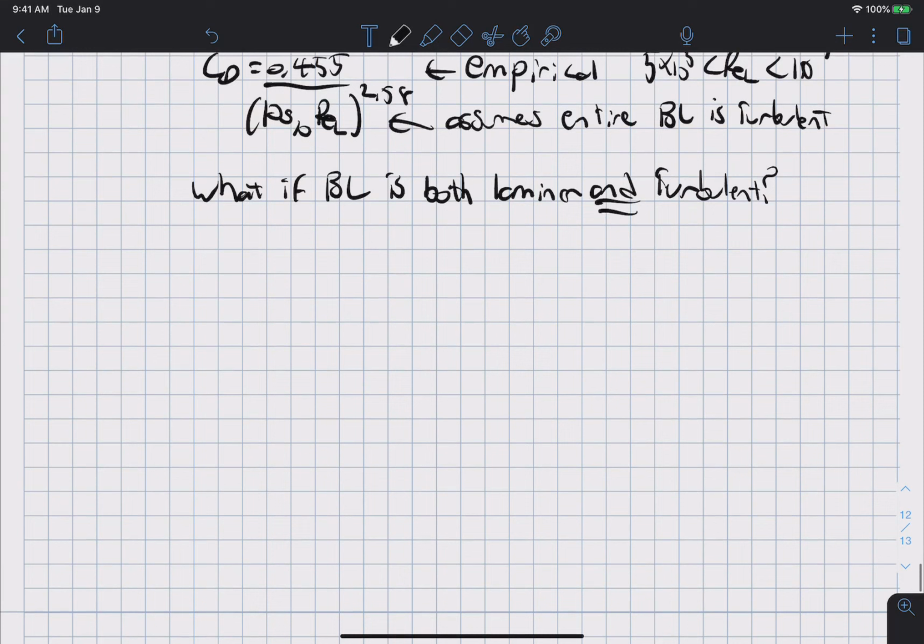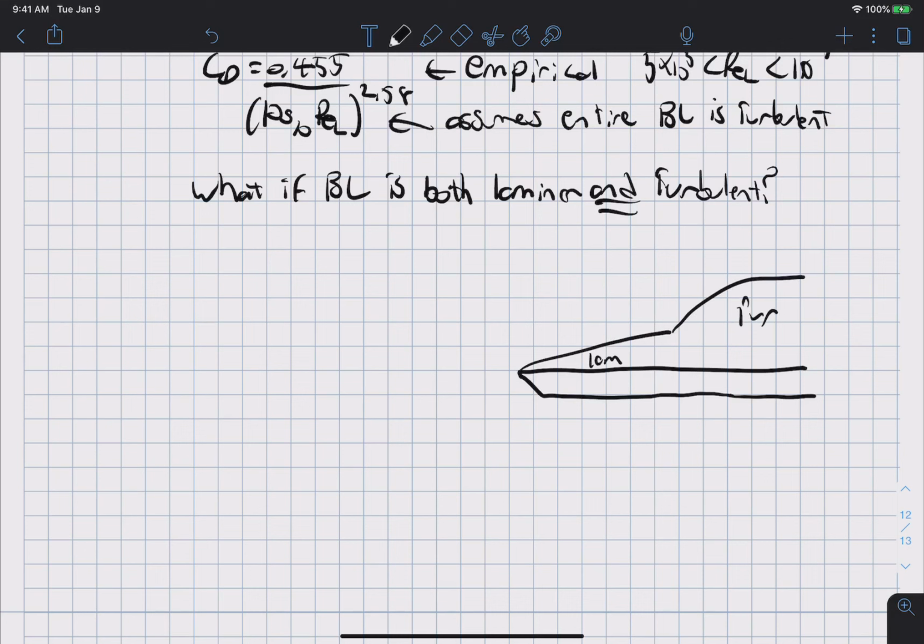But a substantial portion of the boundary layer, in some cases, might be laminar. Because remember, it takes some distance for the boundary layer to transition into turbulence. Okay, and this distance here is x_cr.